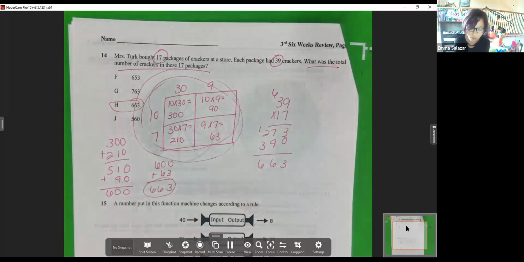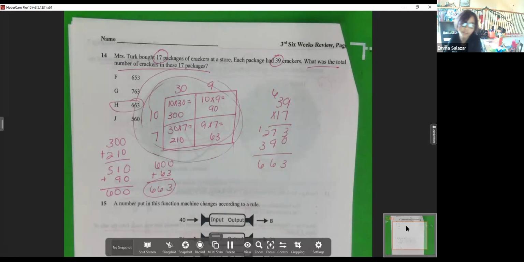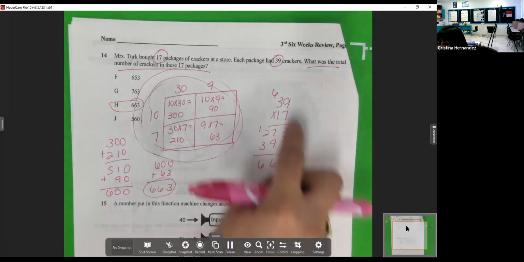Oh. You're wrong. What did you do wrong? Well, does it matter if you switch 39 and 17 in the wrong place? I don't think it does. No, like if I put 17 on top?